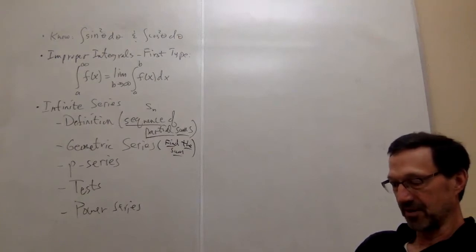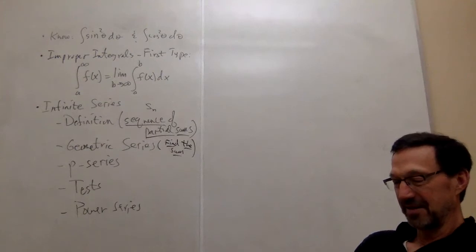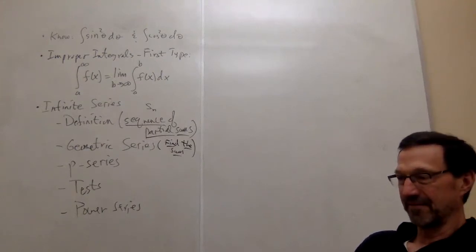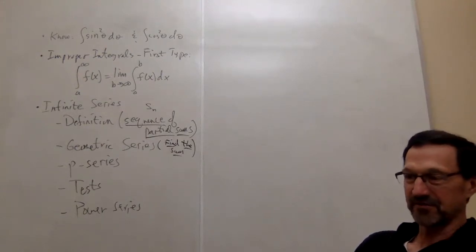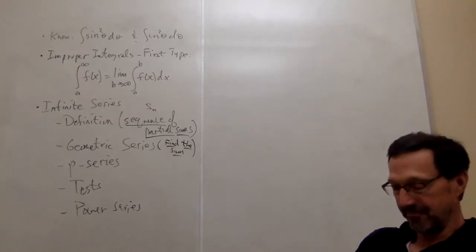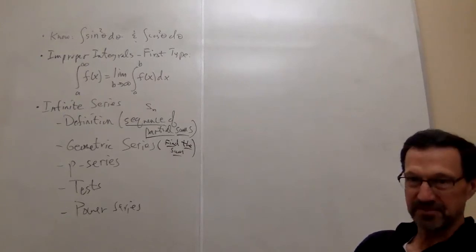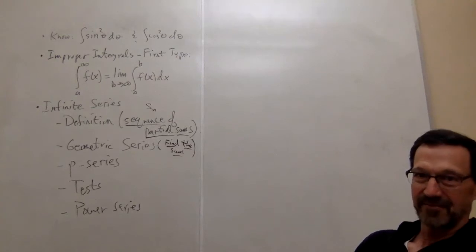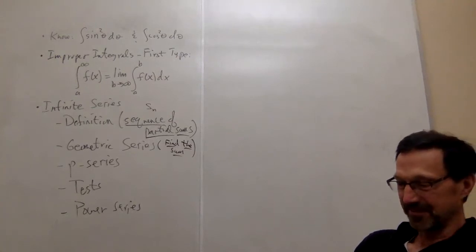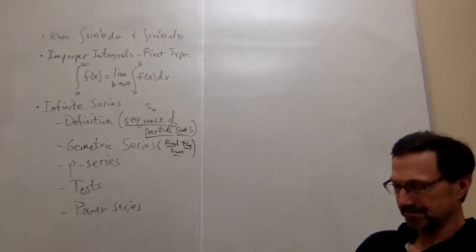We would need some more advanced math courses before we could dig into that. So the value that a p-series converges to, we have no knowledge of, but we have 100% perfect knowledge of the p-series that converge and the p-series that diverge.